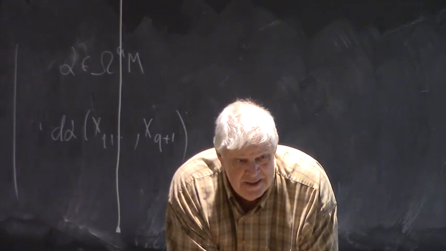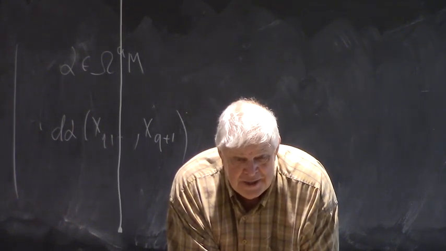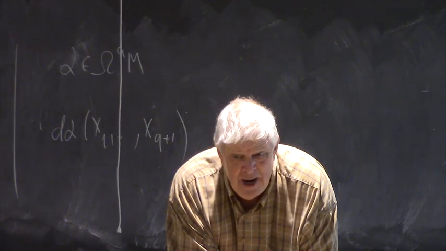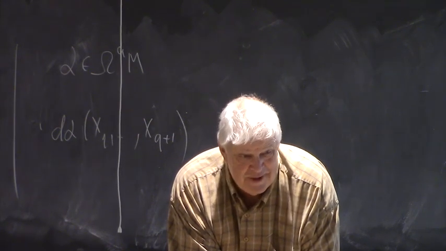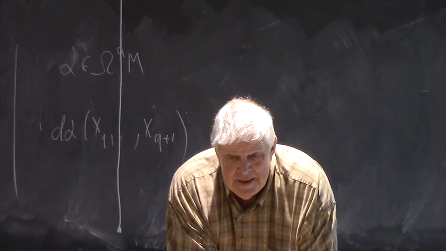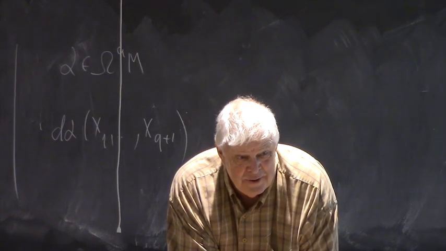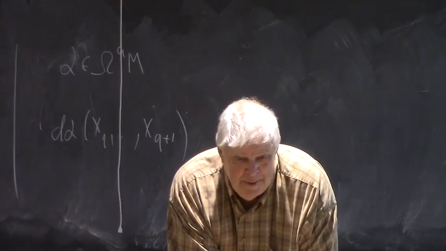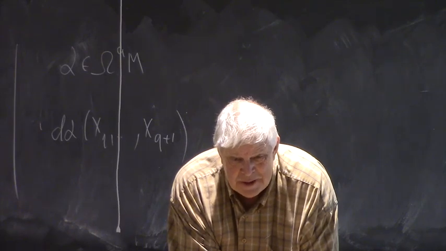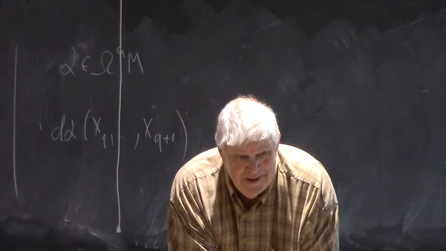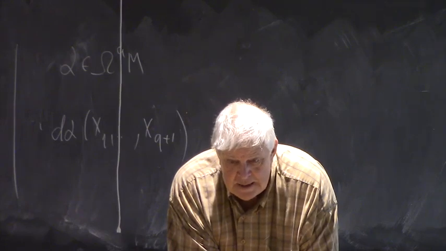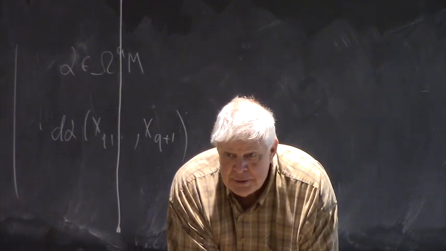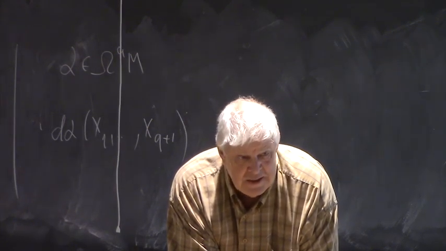How to do that? We need to take these q plus 1 vector fields and somehow make a set of q vector fields. There are two obvious ways to do that. First, maybe too obvious to be used immediately, is just to drop one. It will be q. Second, take two of them and create one vector field of them, taking their commutator.